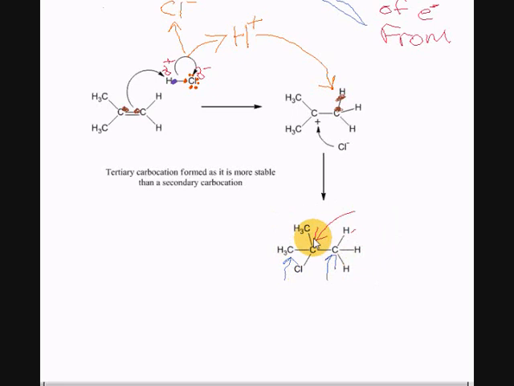This is, I should say, the majority product. 95% of the product will consist of this, with the chlorine bonded to this carbon with more alkyl groups, and this hydrogen bonded to the carbon with more hydrogens. This is the 95% majority product. There is a 5% of the other where the chlorine is bonded here and the hydrogen is bonded here, and this was determined experimentally, but the whole reason for that then, Markovnikov experimentally looked at that, but the whole reason for that was because of this sharing of electrons.